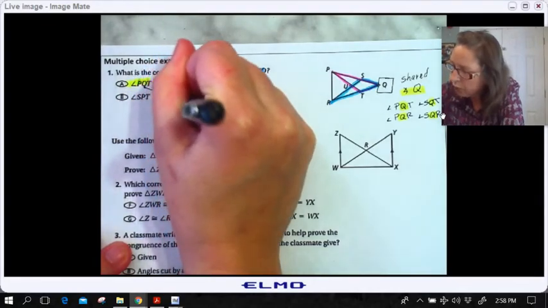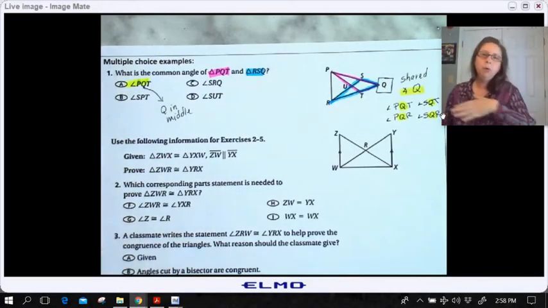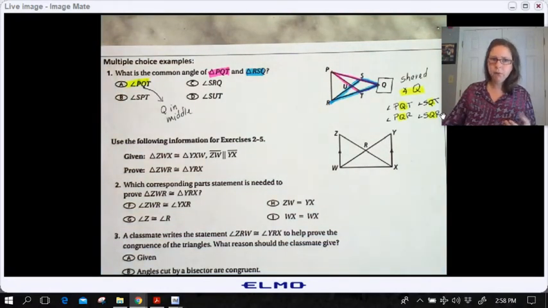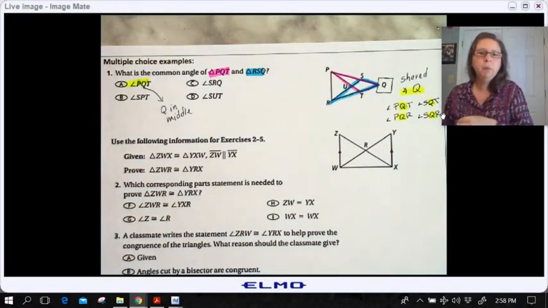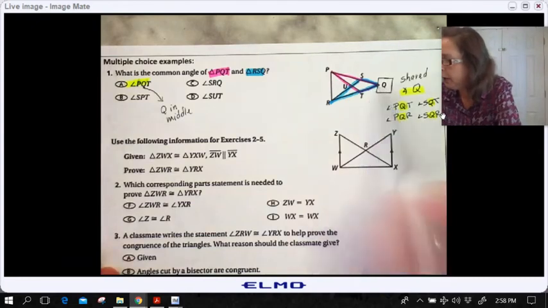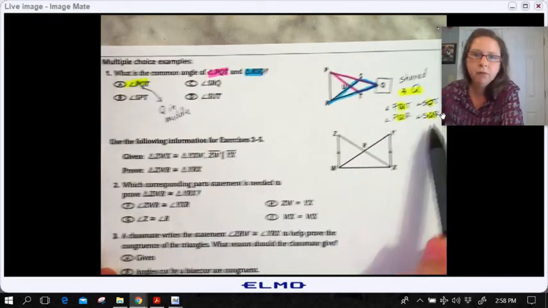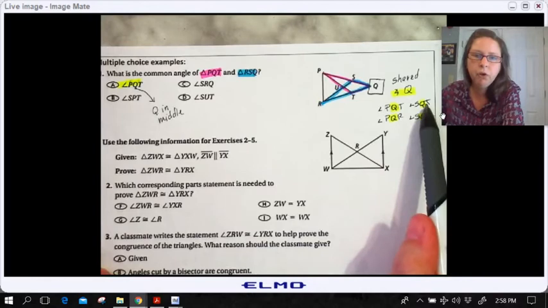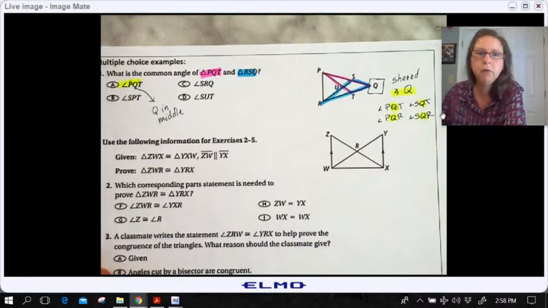So that's just a reminder of how we look at overlapping triangles, and even when they're overlapping, how we name a shared angle in them, okay? So angle Q could be written all these different ways depending on which particular triangle you were talking about, okay?